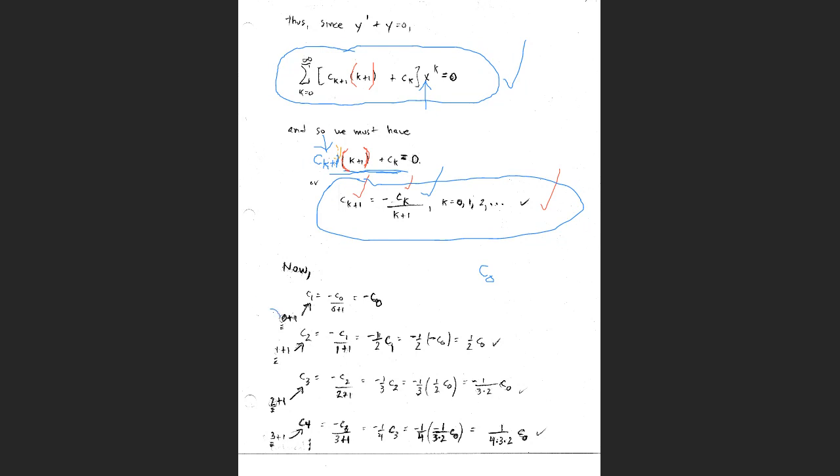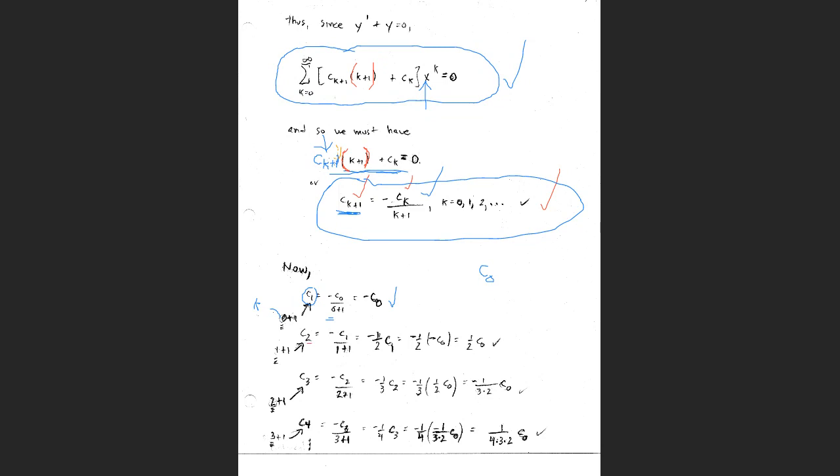Well, k would equal 0 for c sub 1, because the left-hand side of my recursion relationship is c sub k plus 1. If I have c sub 1, that means k has to be equal to 0, because 0 plus 1 is 1. So c sub 1 will equal negative c sub 0 divided by 0 plus 1. K is 0. And that's going to equal negative c sub 0.